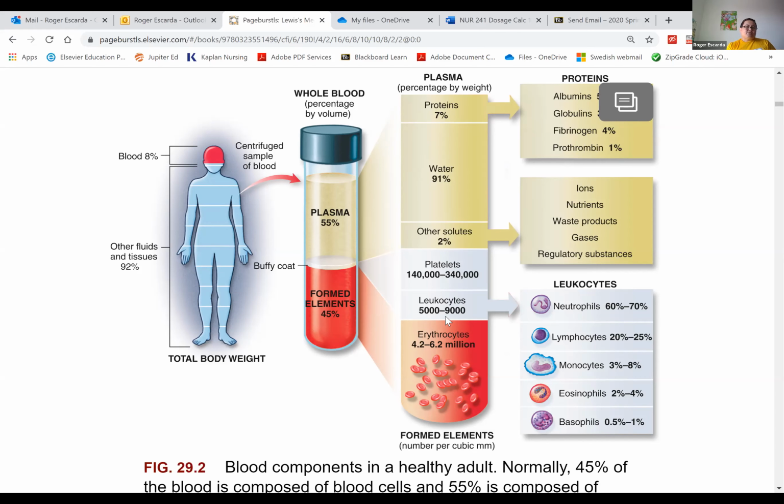Okay, I'll put it in a test question. The nurse examines the patient's CBC result. It shows hemoglobin of 13.5, hematocrit of 42%, red blood cell 5.8 million.